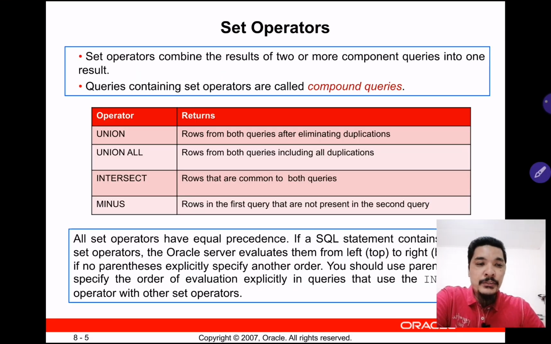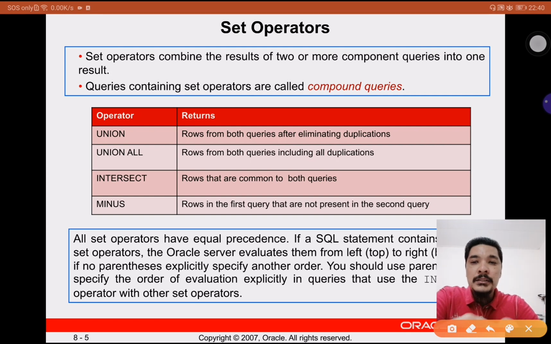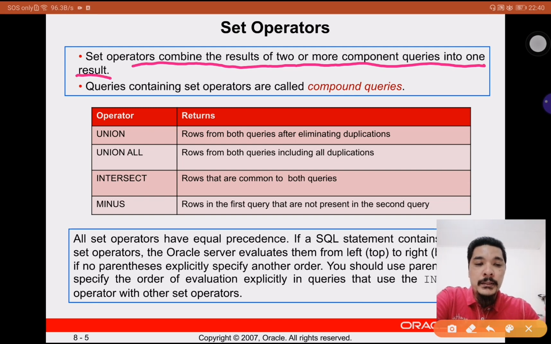Okay, so the set operators combine the results of 2 or more component queries into one result. The objective when we are using a set operator is to combine the results of 2 or more component queries into only one result, meaning we want only one output.